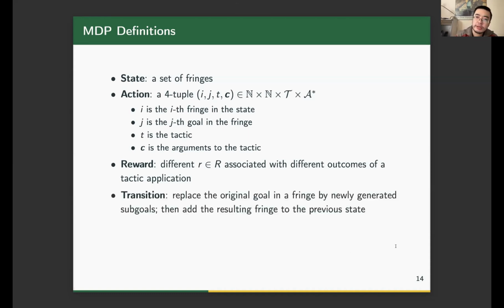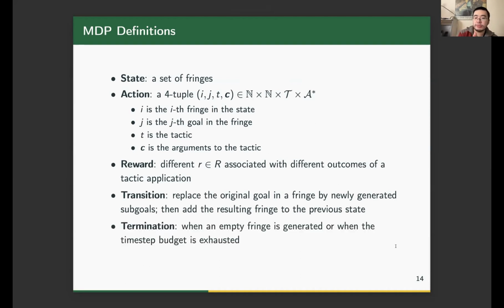And the transition of the Markov decision process is that we replace the original goal in the old fringe by newly generated sub-goals, and then we add the resulting fringe to the previous state. This basically says how do I go from one state to another state? How is the new state generated? Termination. So when does the Markov decision process terminate?